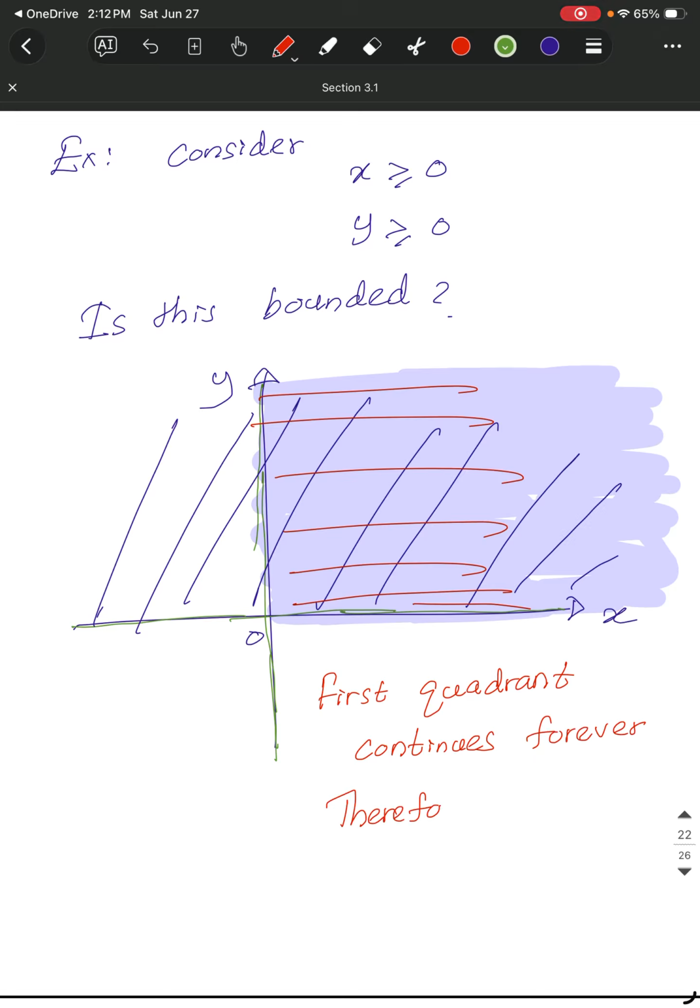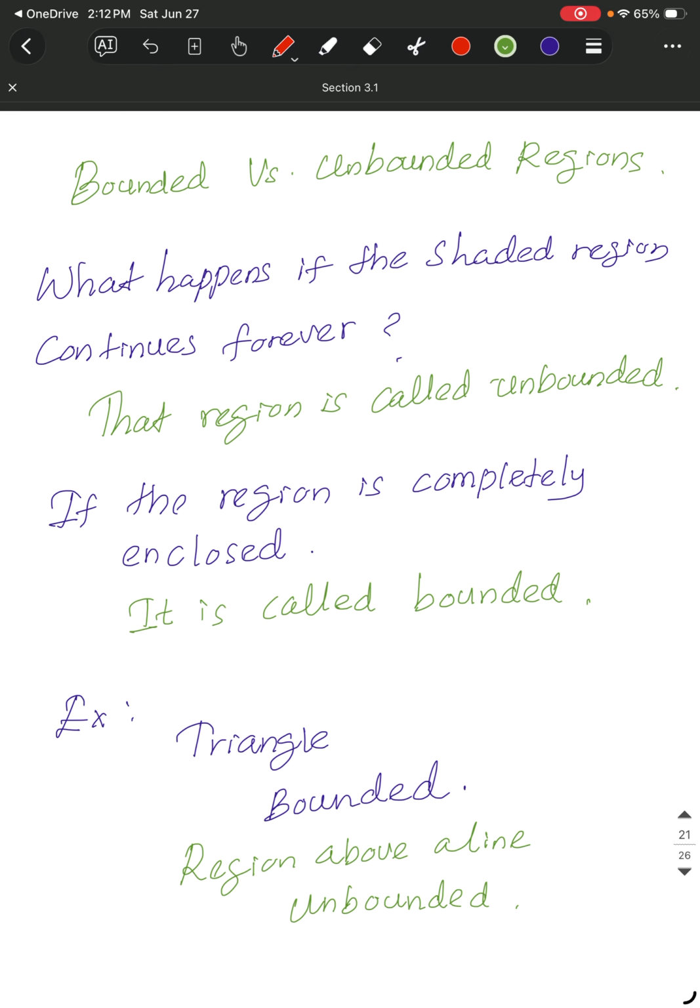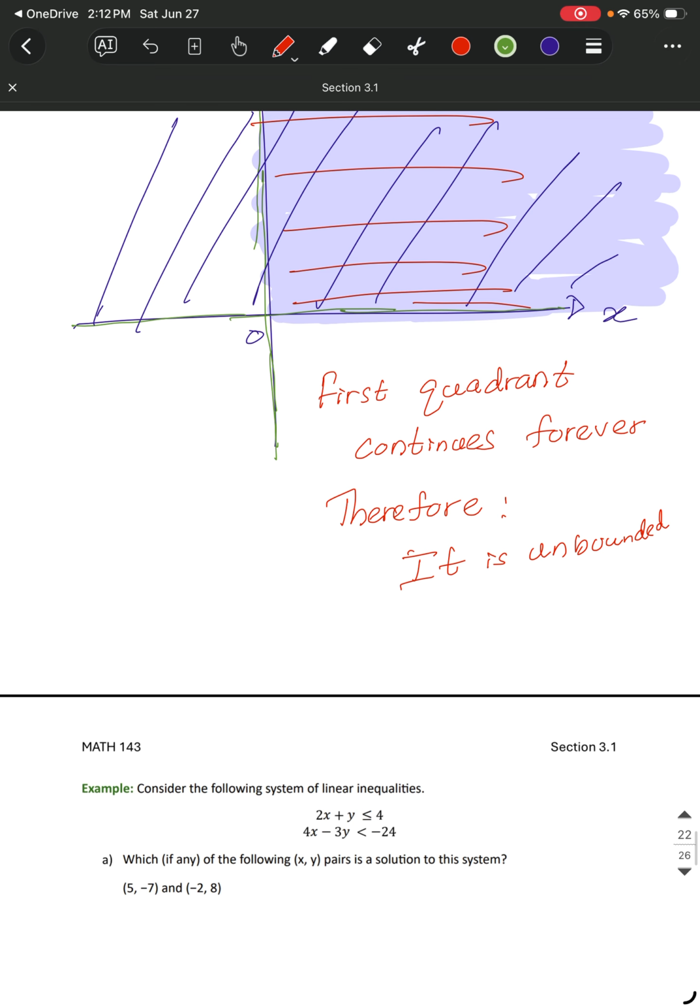Therefore it is unbounded, right? It is unbounded. Okay.